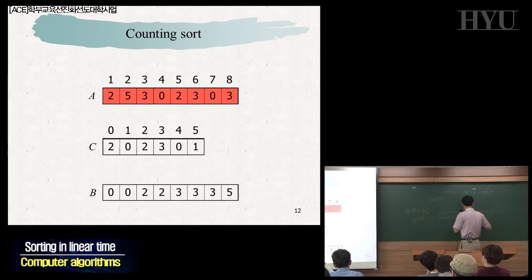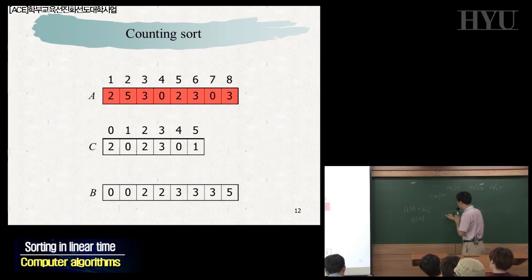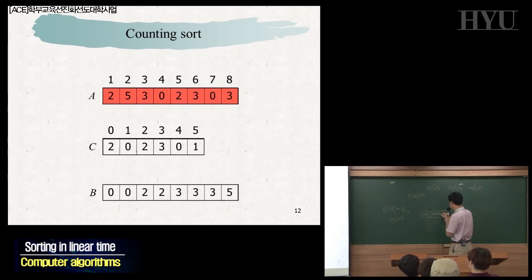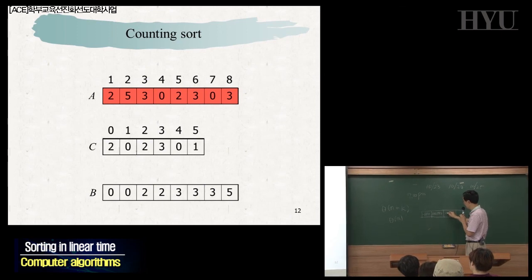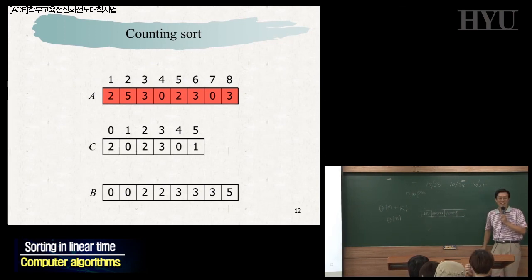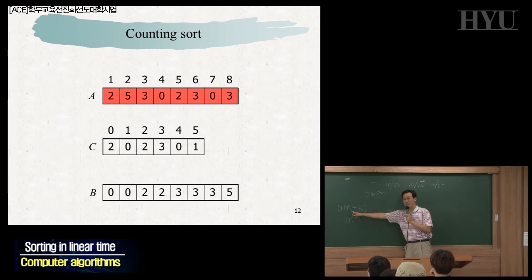But let's consider a different array like this. In this case, n is small.